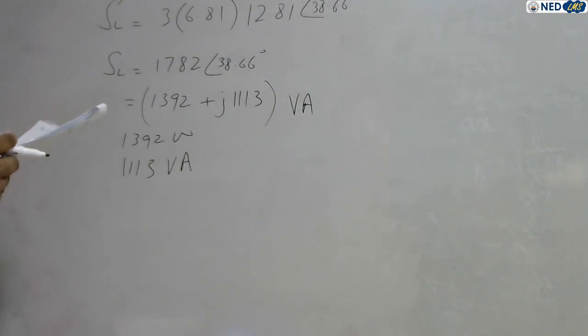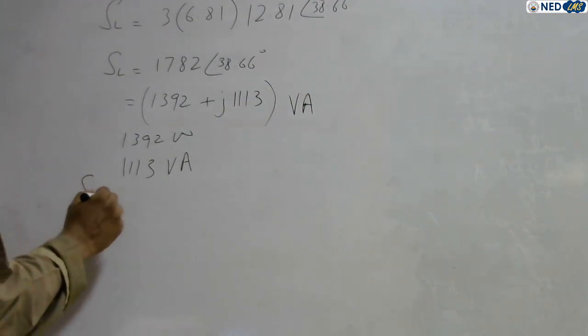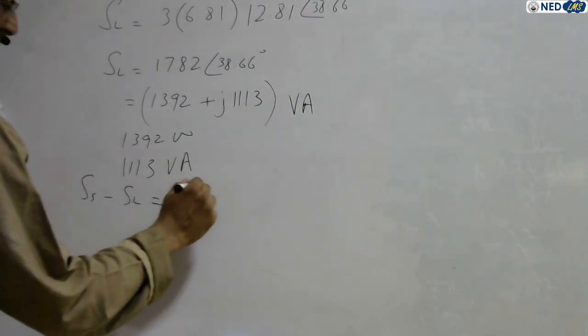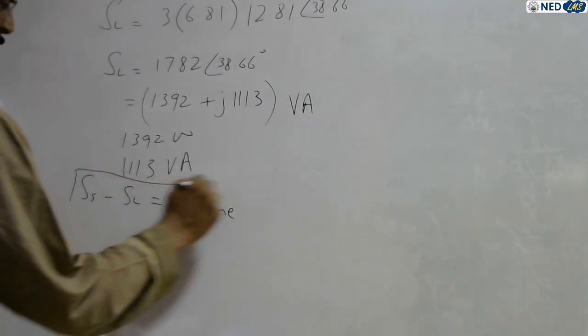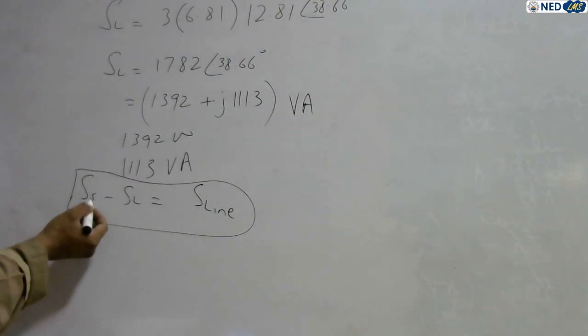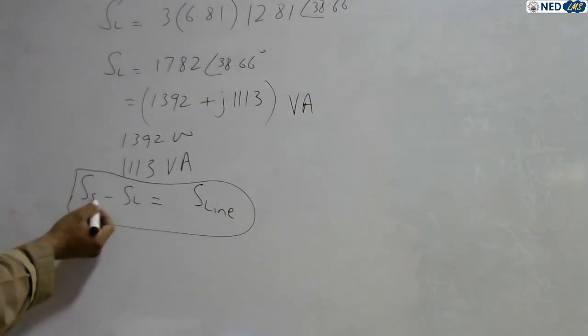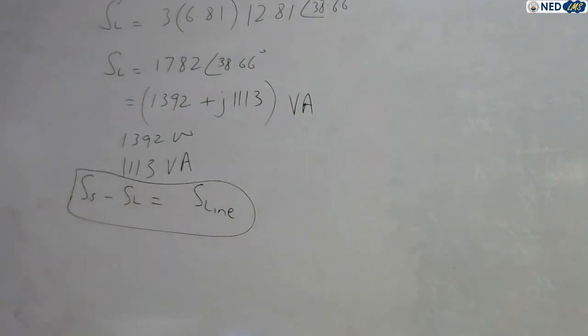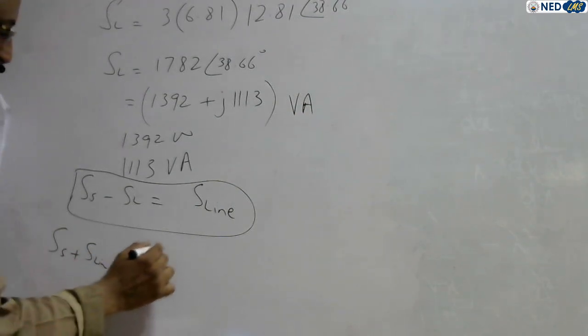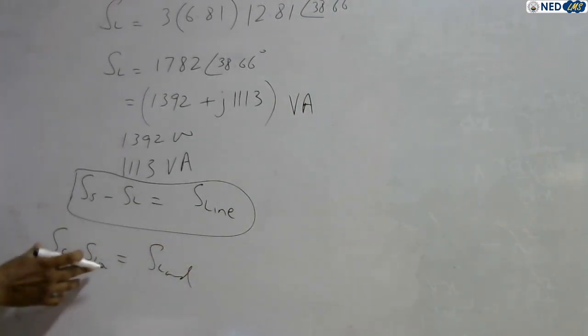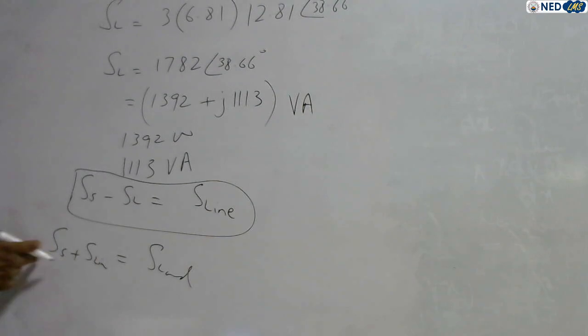Source minus load gives you line. Or you can say the source power plus line power equals load power, because the sum of these two powers goes to the load.